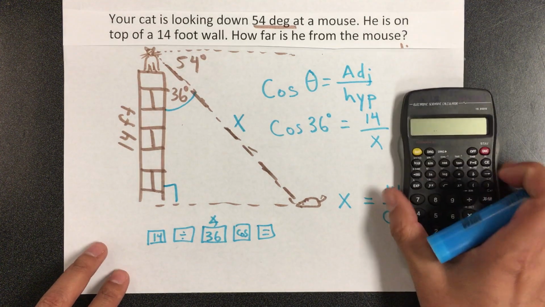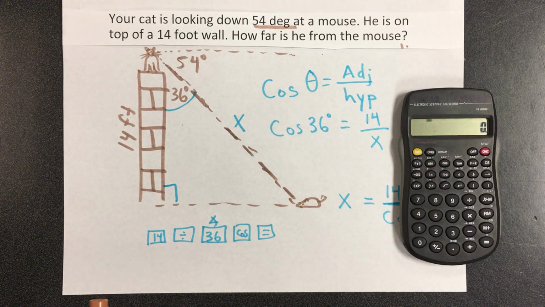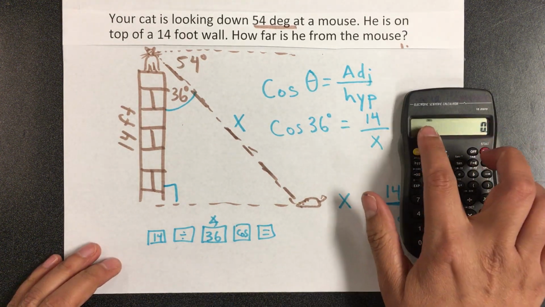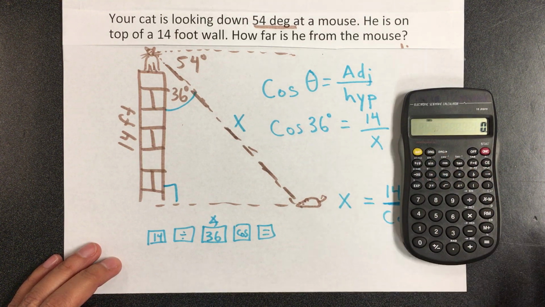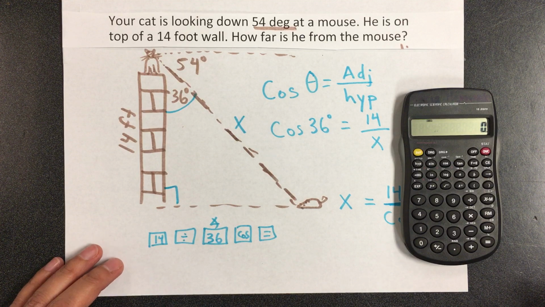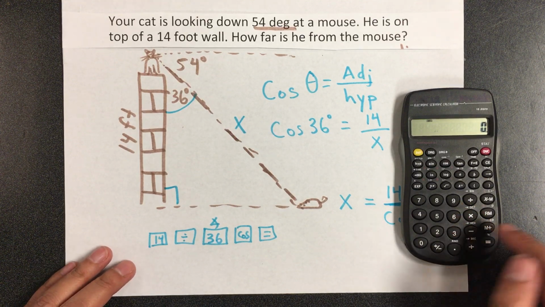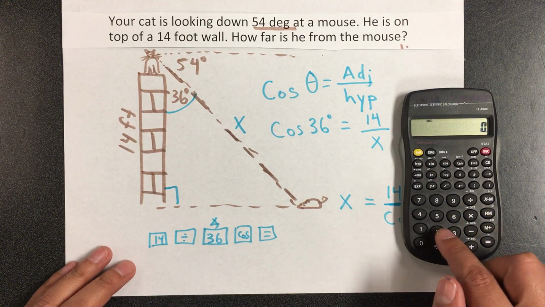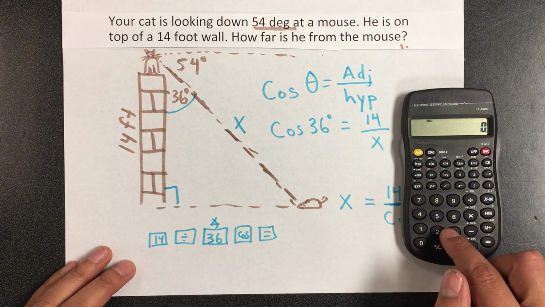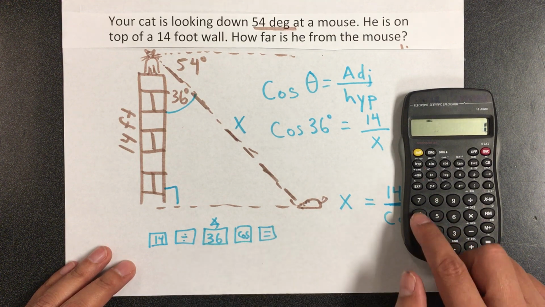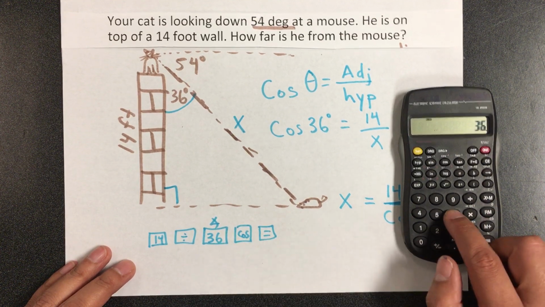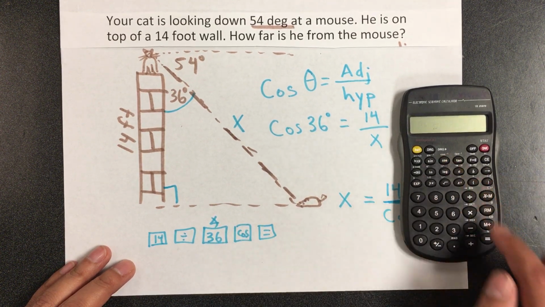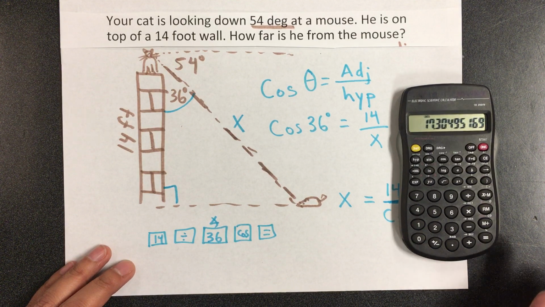So what do we get? Again, remember, it has to say degree. If not, press the button until it says degree, because you might have it in rad or grad, so radians or grades. For degree, again, you put 14 divided by 36 cosine and then equal.